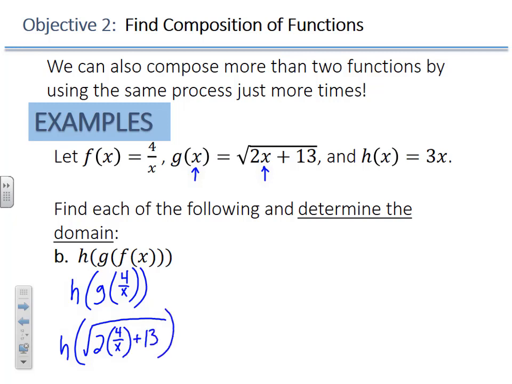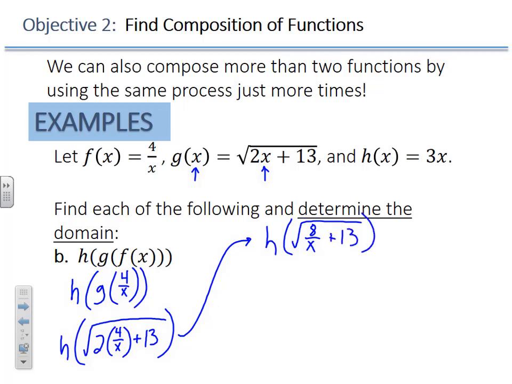So h of g of 4 over x is the same as h of the square root of 2 times 4 over x plus 13. Now we can simplify that just a little bit before we go any further. That's the same as h of the square root of 8 over x plus 13.